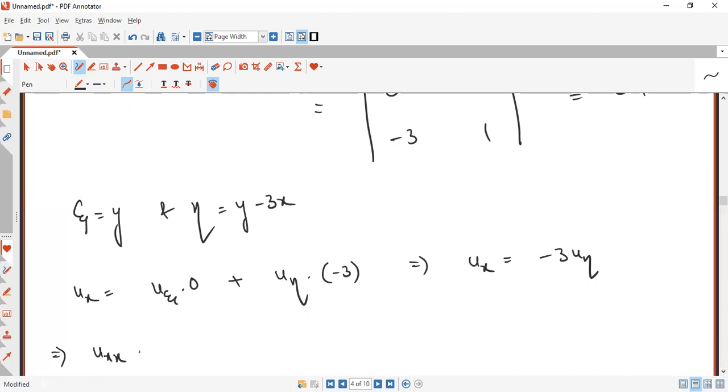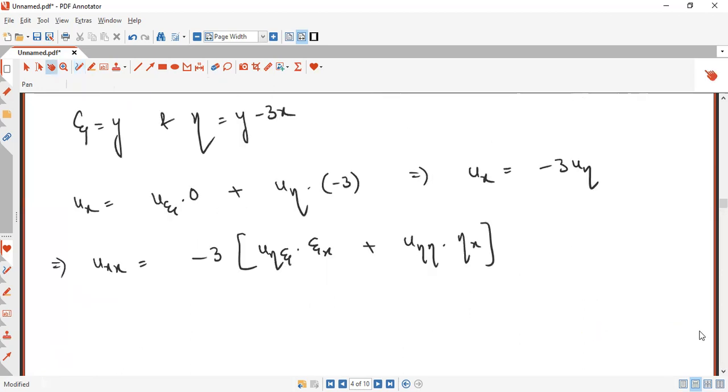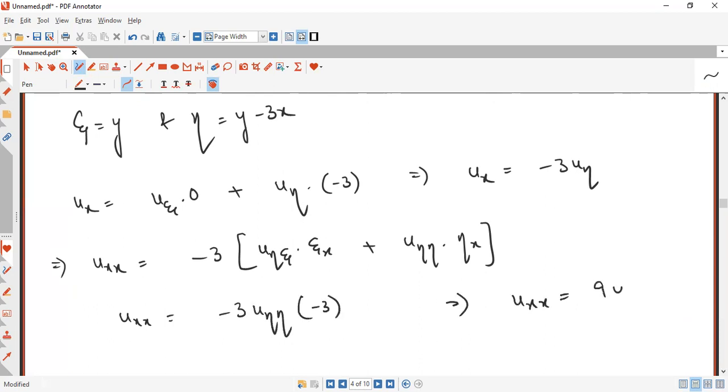Now differentiate it again with respect to x. Minus 3 is constant. U eta, you will differentiate with respect to xi and with respect to eta. Correct? Xi x is 0. So u eta x is minus 3. So uxx is 9 u eta.